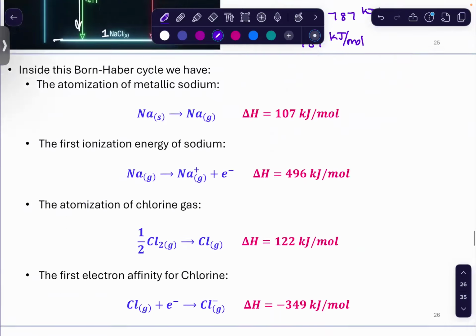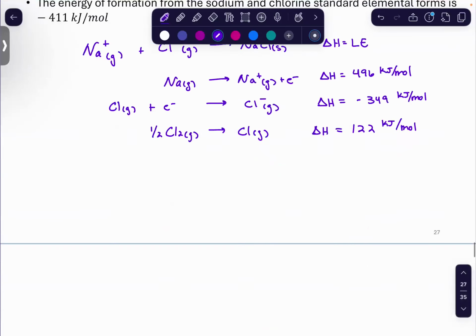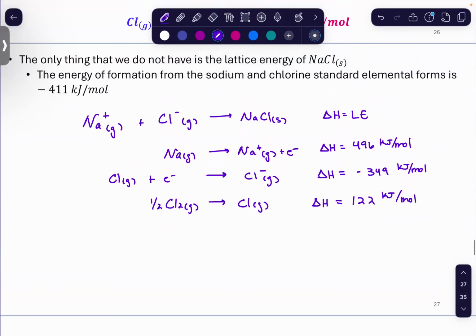So yeah, that's supposed to be a gas. Okay, so now for our formation equation, we can't use sodium gas. We need solid sodium. Okay, so there's our solid sodium, and sodium gas, because again, we need sodium gas on the right to cancel out sodium gas on the left. And what's this one? Here's 7.